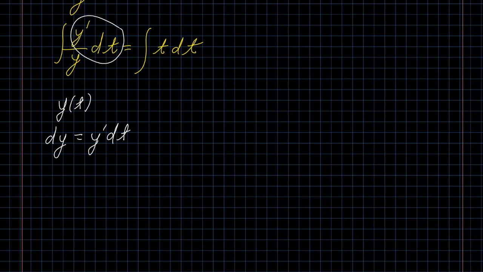And that is the entire key to separable differential equations. You want to have on the left-hand side y prime dt multiplied by some function of y. If you can get that, then you are golden.